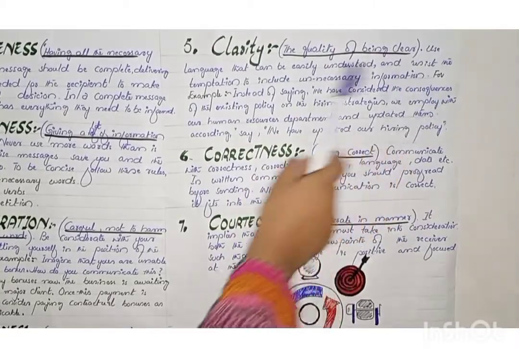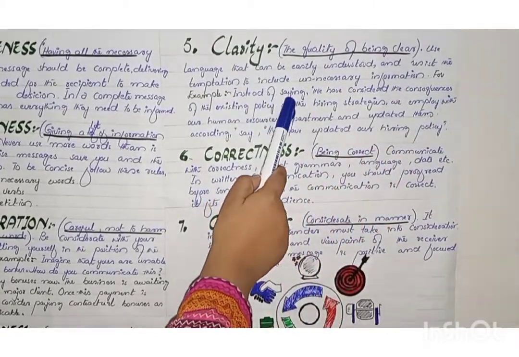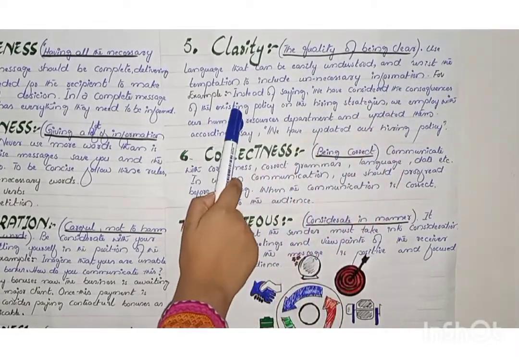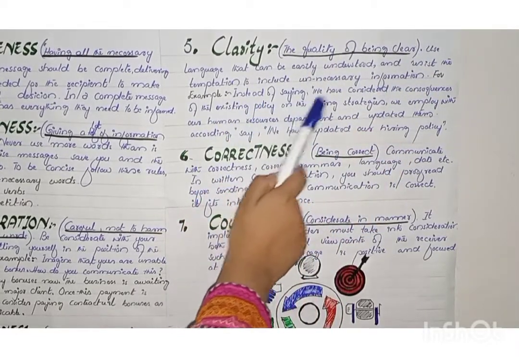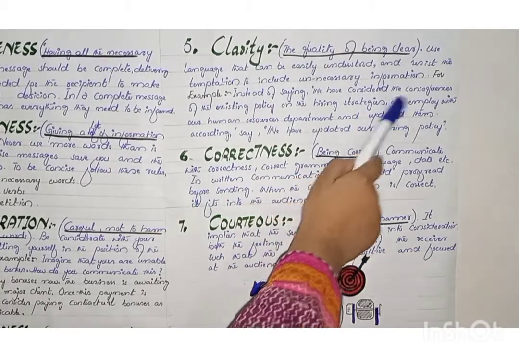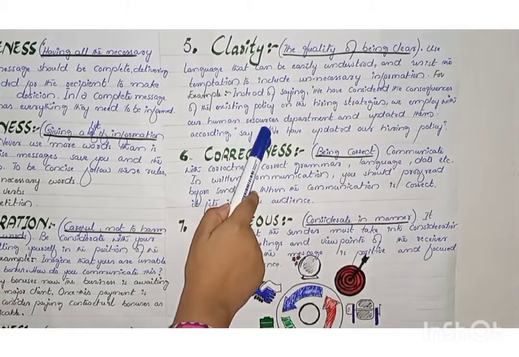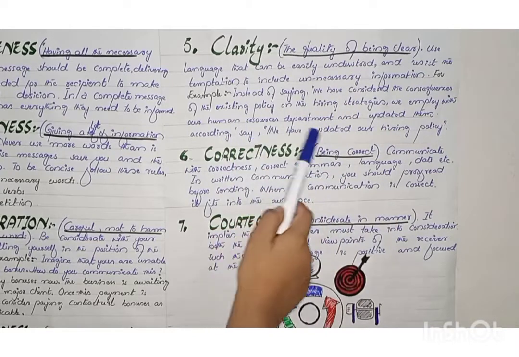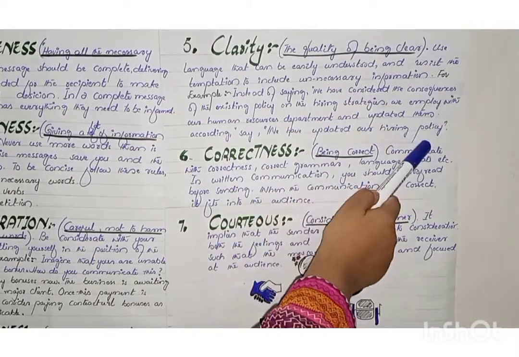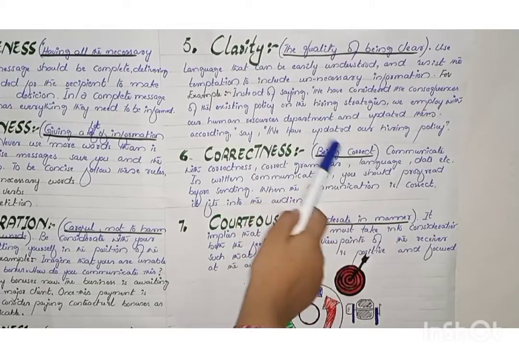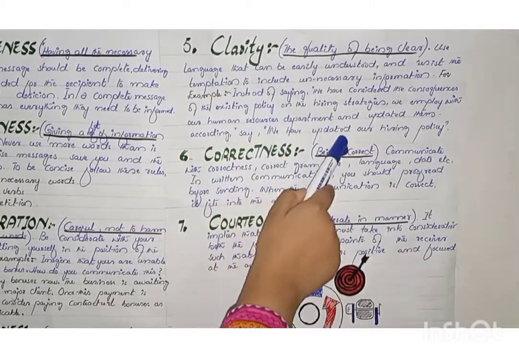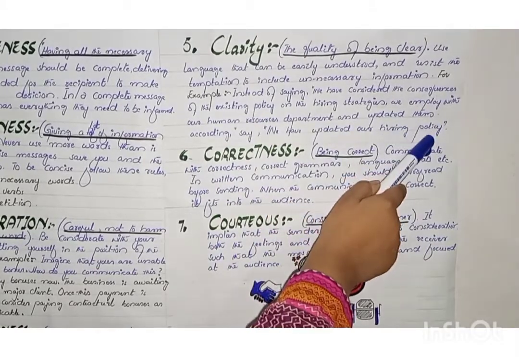For example, instead of saying, we have considered the consequences of the existing policy on the hiring strategies we employ with our human resources department and updated that accordingly, say, we have updated our hiring policy.